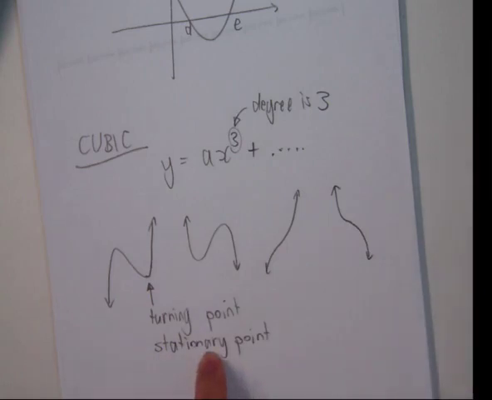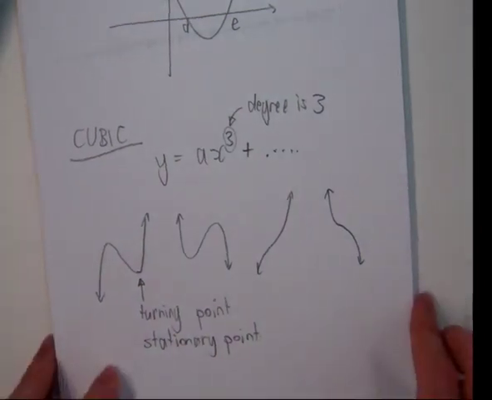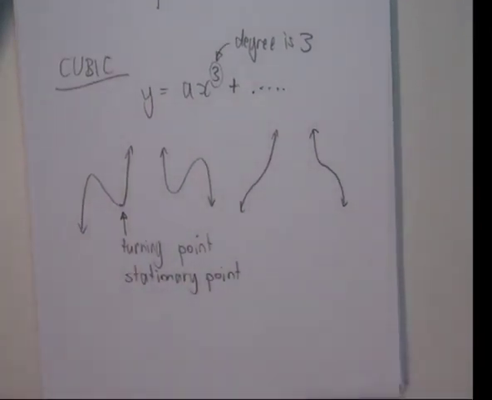And that's stationary with an A. Stationary meaning staying still. And the reason it's called a stationary point is because if an object was moving along this curve, it would stop going up and start going down. So it would be still for a moment at the top of the curve. That's why it's called stationary. So a cubic can have two stationary points. It might have none, or it might have two.